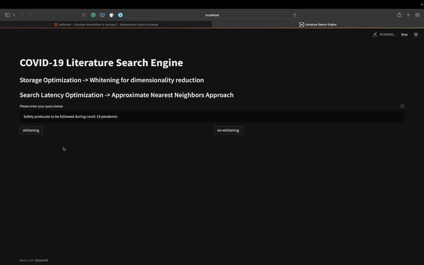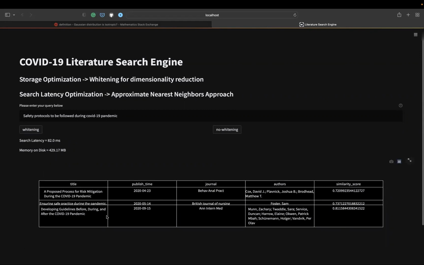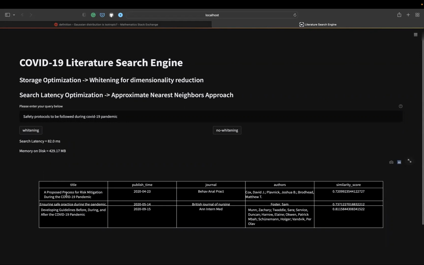With whitening transformation, you can see it is taking 82 milliseconds, and the memory on disk is 430 MB. And the similarity scores, here you can see all the titles are based on the query text. A proposed process of risk mitigation, developing guidelines before, during, and after the COVID-19 pandemic, ensuring safe practice during the pandemic. Here you can see the scores 81, 73, 72.